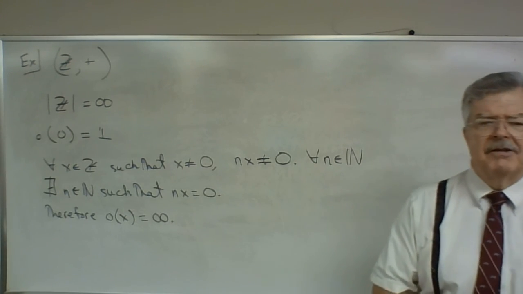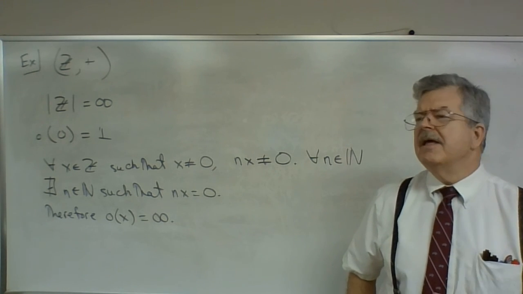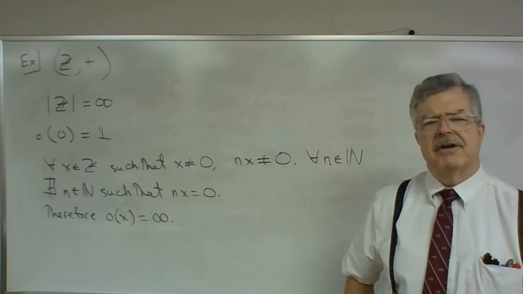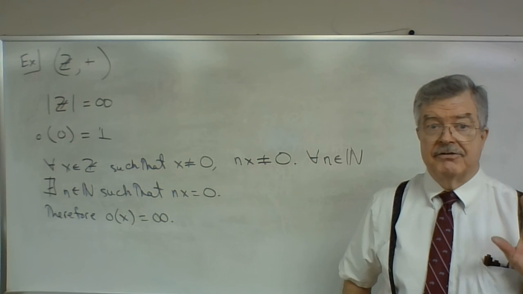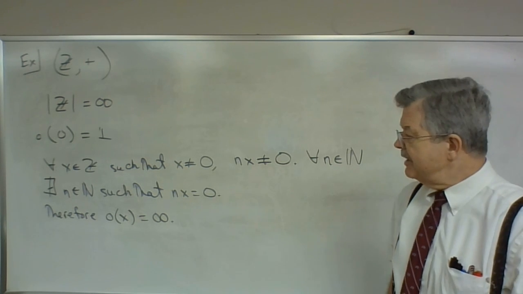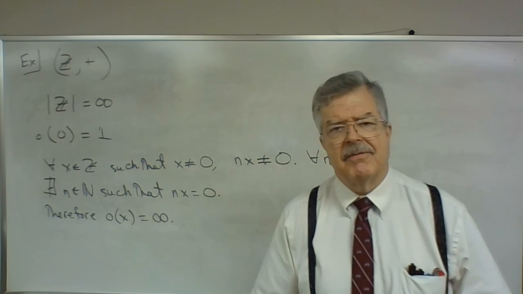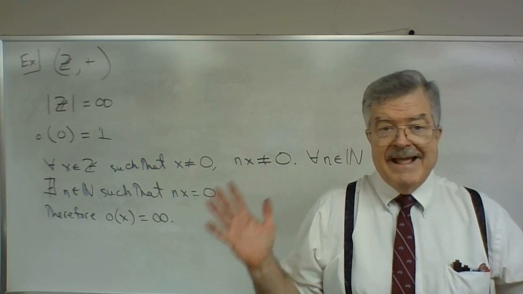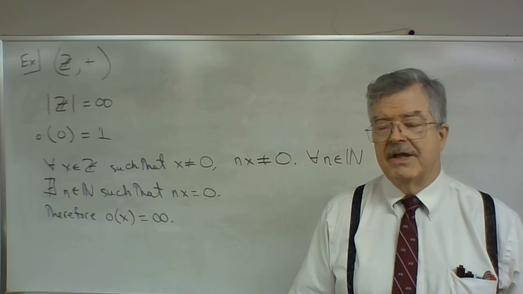And that makes sense because essentially the order of an element is supposed to be the number of times that we can add the element to itself and get the identity, 0. Well, if we take a non-zero integer x and keep adding it to itself, we're never going to get the identity.